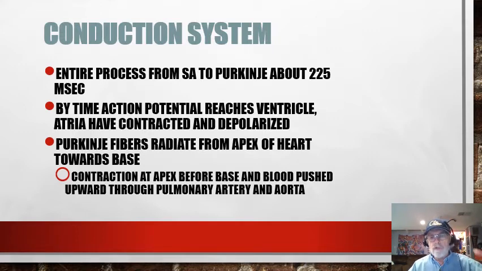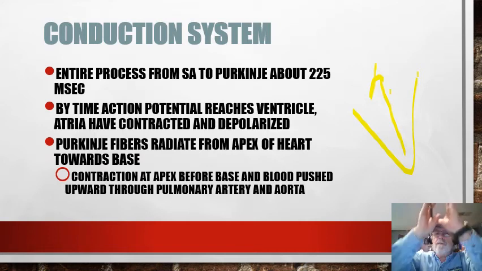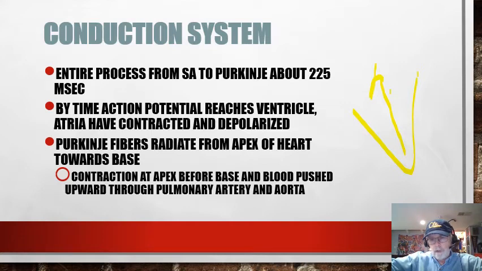Depolarization means the electrical current has gone through so it can start to contract. And like I mentioned before, the Purkinje fibers radiate from the apex, the point of the heart, upwards, so the apex contracts before the base, pushing the blood upward out through the pulmonary artery as well as the aorta. Pulmonary artery from the right side of the heart, aorta from the left side, which is all very advantageous, and it all works out really well.